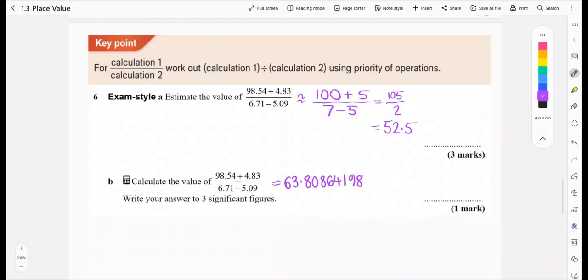You should always write your full answer down and then round it. So in this case, we've been asked to round to 3 significant figures. So we look at the 4th significant figure, which is the 0. That, of course, is less than 5. So it keeps our answer as 63.8 to 3 significant figures.